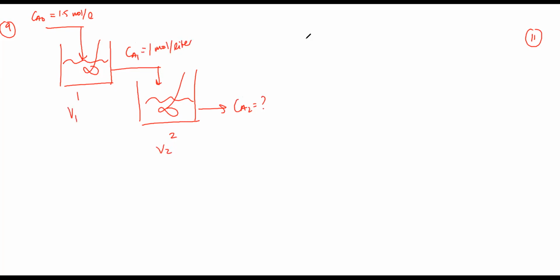You're told it's a second order reaction, therefore minus RA is equal to K CA squared. You're also given that V2 over V1 is equal to 4, so this reactor is much bigger than this reactor.